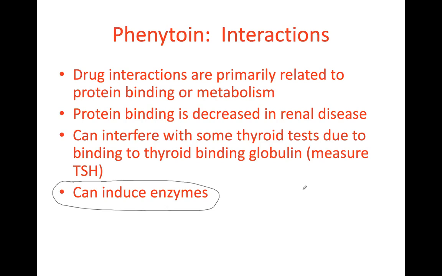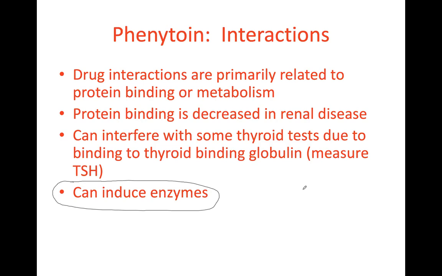So one of the big things to think about with anticonvulsants in general is many of them are enzyme inducers. That means that drugs that go through the same enzyme can be metabolized quicker.